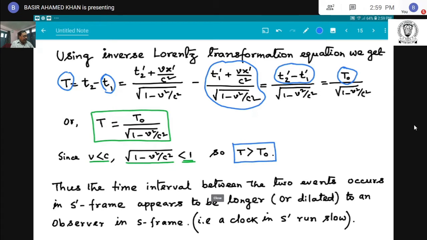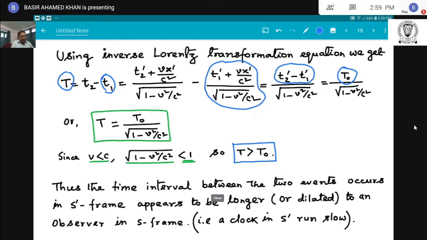That means, to an S observer all events in S dash appear to occur slowly; that is, a clock in S dash runs slow.